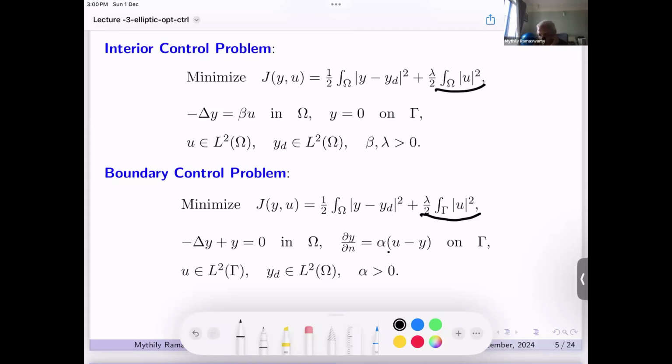Since I don't know much about computation, why it is preferred or why it was introduced, I can't explain much. Apparently, it helps to compute the optimal control by solving that PDE numerically. That is what I understand, but I have not tested it, so I can't tell you exactly.